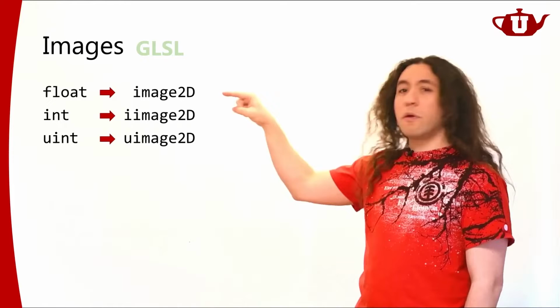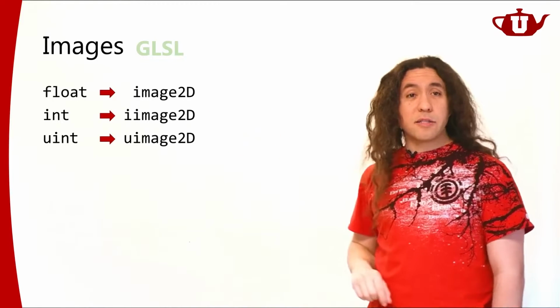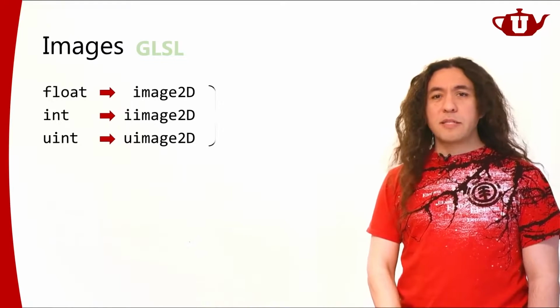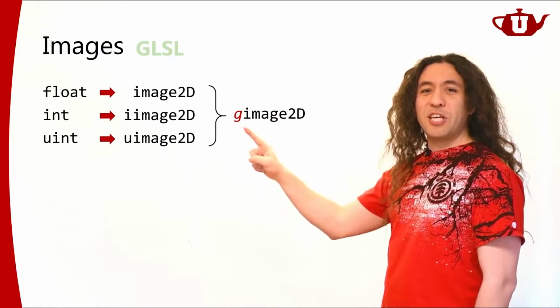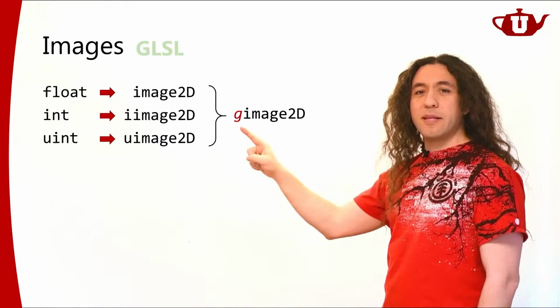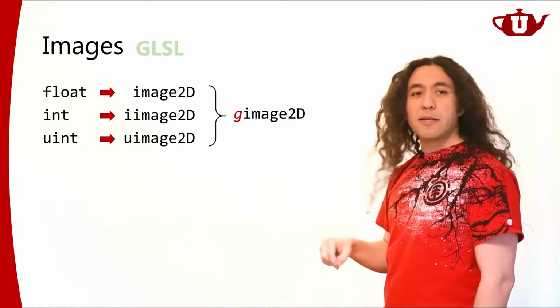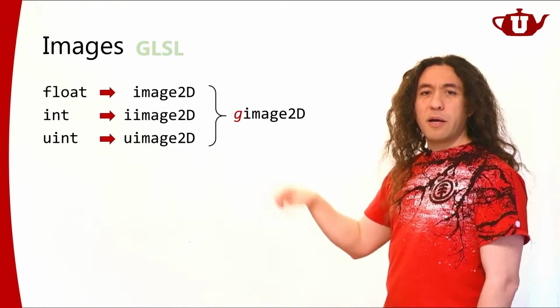It could be floating point data, integer data, or unsigned integer data. So typically, if you look at OpenGL documentation, you're going to see this G prefix, gimage. That means it could be nothing, which means it's float. If it's I, it means integer. If it's U, it means unsigned integer. So it's basically a way of representing all of them.